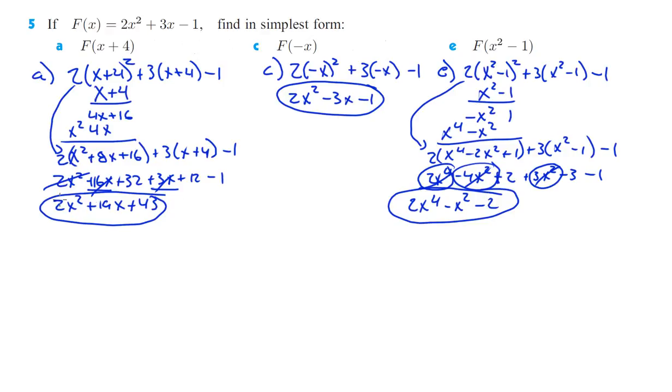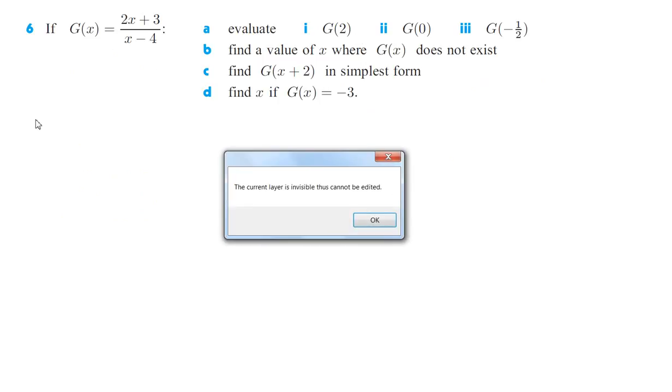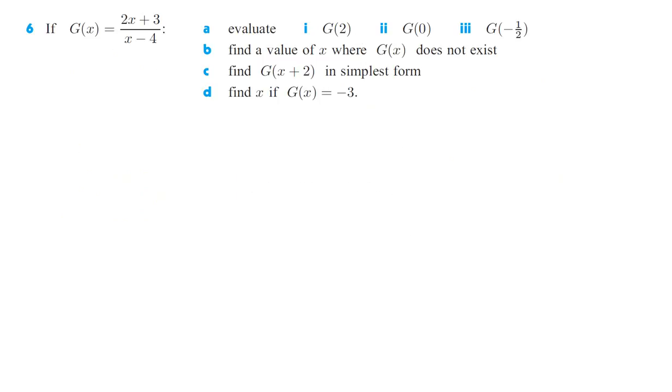Okay. Let's look at the next problem here, which is number 6. Here's our function. Evaluate these 3 things here. So we've got g of 2. So now wherever we see x's, they're going to become 2's.